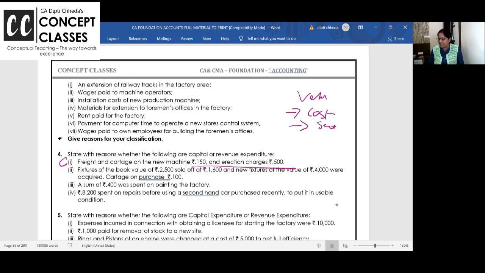Suppose you are buying a car and they add insurance. So insurance you should not add to the cost, because insurance is for the coming 12 months. If anything goes wrong, the insurance company is giving you assurance: we will reimburse. So insurance, you are not going to capitalize.